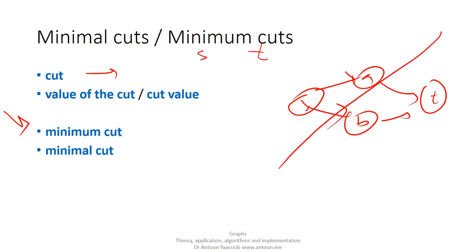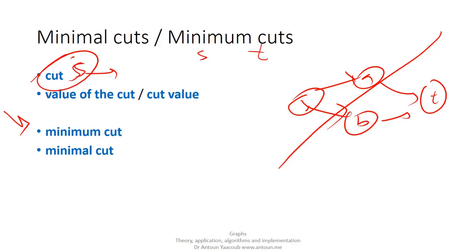A cut subdivides the arcs into two parts: the ones that go out from S and the others that come into S. In other words, if the arcs of the cut were removed from N, there would be no directed paths from S to T.